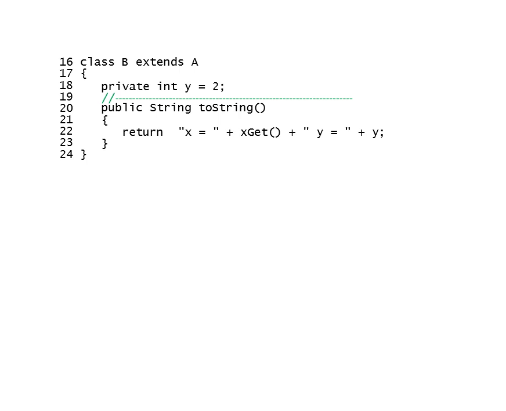So we're calling that one, and what does that one do? It returns the current value of X, which then is concatenated to that label, which then is concatenated to the label y equals 1, which is then concatenated to the value in y after it's been converted to string form. So this toString method returns x equals 1, y equals 2.